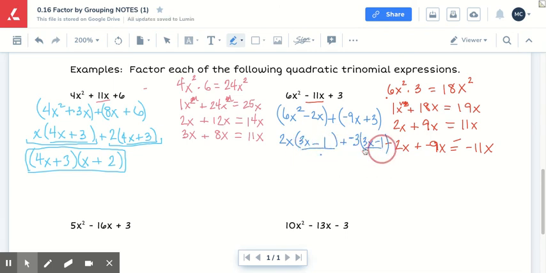Now this factor by grouping is working for me as long as these two things that are in parentheses are identical. And they are. So those two things that are identical, we call that a common binomial. I'm going to take that out as my common factor for these two groups.